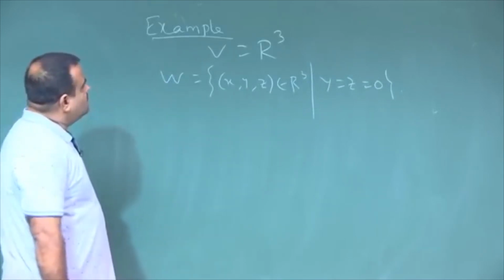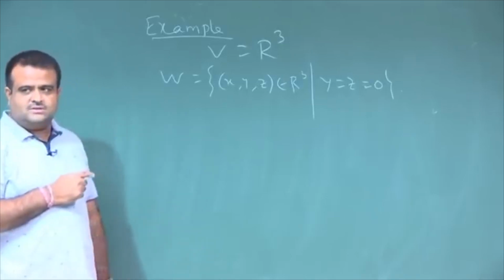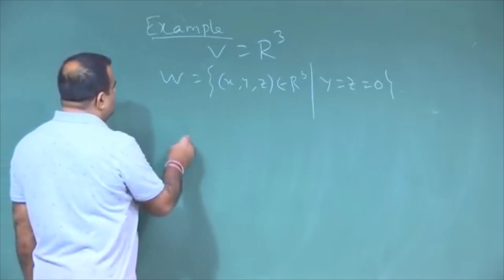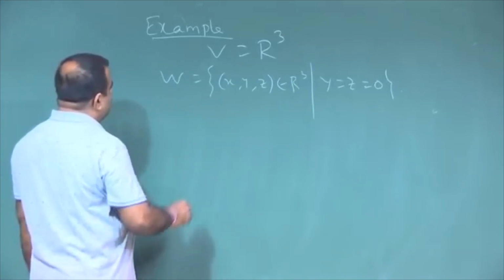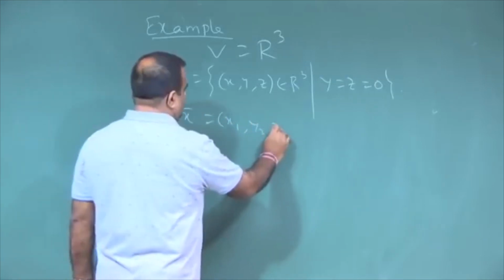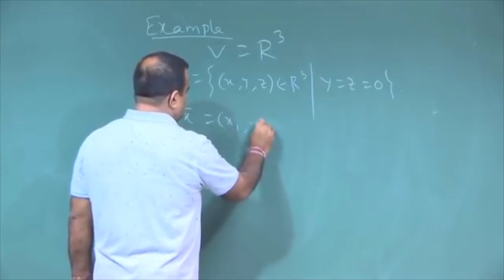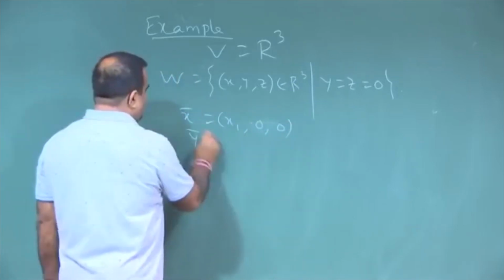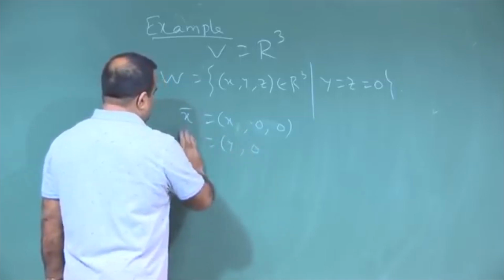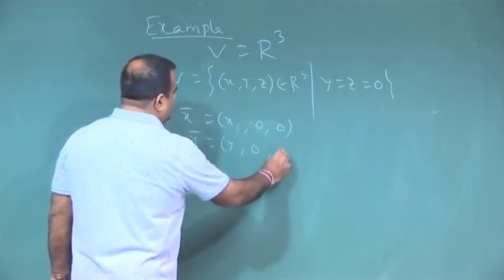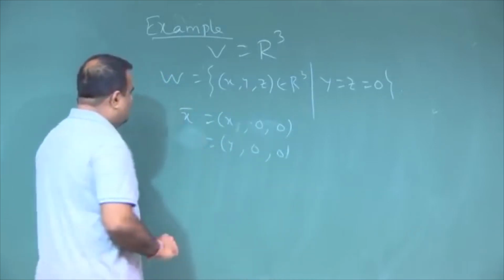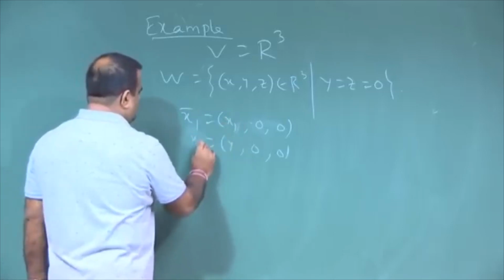Okay. Now, how to prove this is a vector space? We need to use the last theorem we have, the necessary and sufficient condition theorem. So, we take two vectors, say x 1, x 2, x 3, where we can take the last two as 0 simply because these are 0. Say x 1 and x 2.